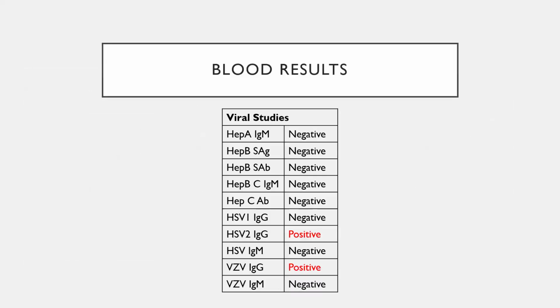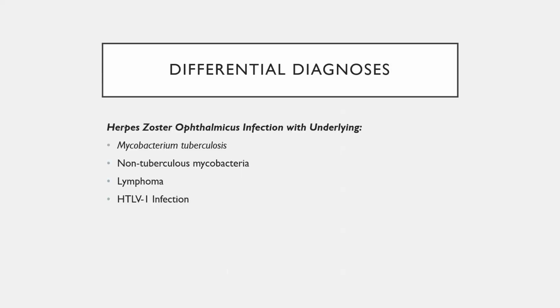So in terms of her viral workup, her hepatitis studies were negative, and an HSV2 IgG and varicella zoster IgG were positive, but the rest came back negative. So our working diagnosis here was a zoster ophthalmicus infection, but we were concerned that she might have an underlying TB or non-tuberculous mycobacteria.